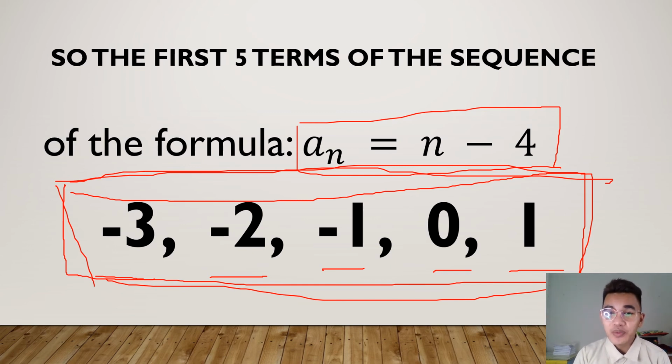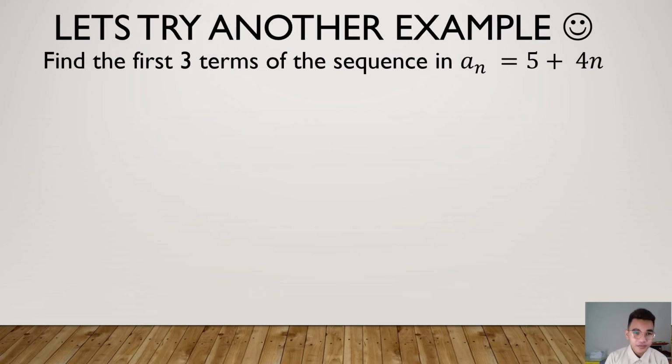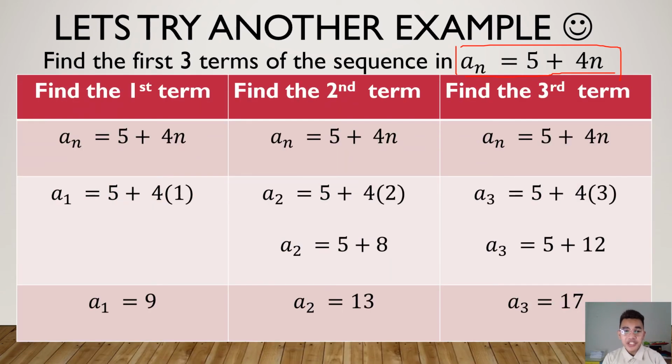Okay, so let's proceed with another example. Let's find the first 3 terms of the sequence a sub n is equal to 5 plus 4n. This is the formula. Same process: use the formula first, then substitute.